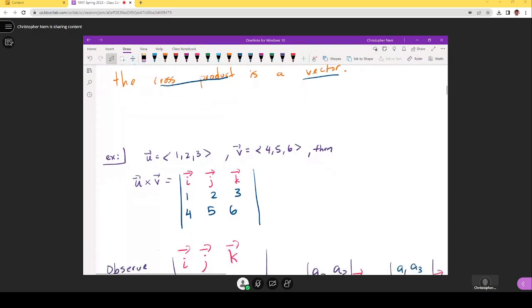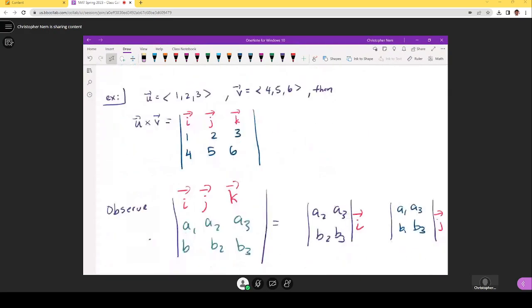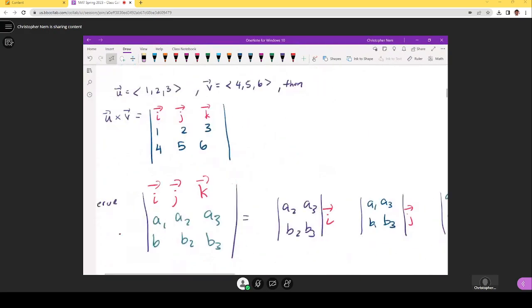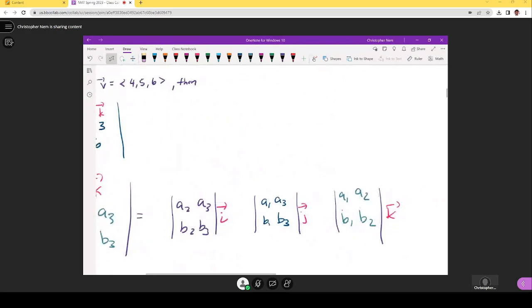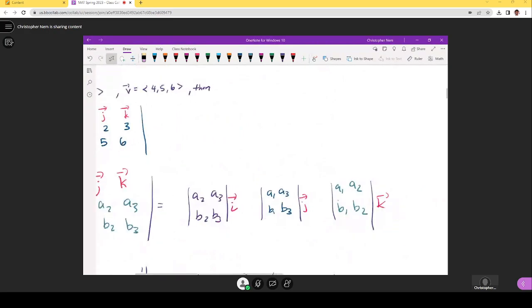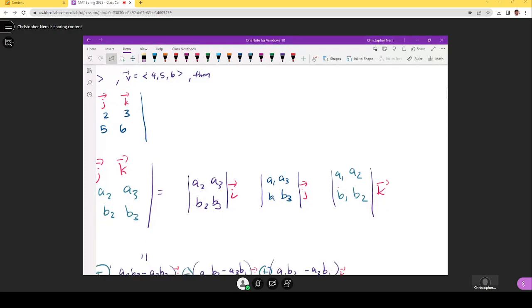So if I calculate this out, doing the cofactor expansion, I get this right here. I get the 2 by 2 determinants, which are scalars, being multiplied by the vectors i, j, and k. This means if I calculate it all, it should be a vector. Then the question is, why do we alternate plus or minus signs? Well, that's actually a very easy question to answer.